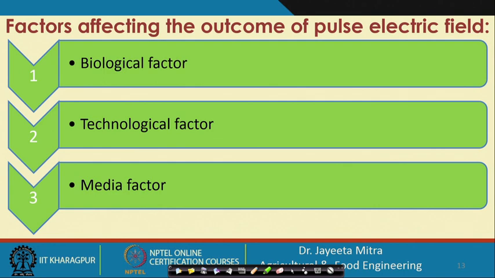For example, in the previous class we discussed high pressure processing, where we have seen that gram positive bacteria are more easily inactivated than gram negative bacteria. Similarly, spore formers and enzymes took more intense pressure.